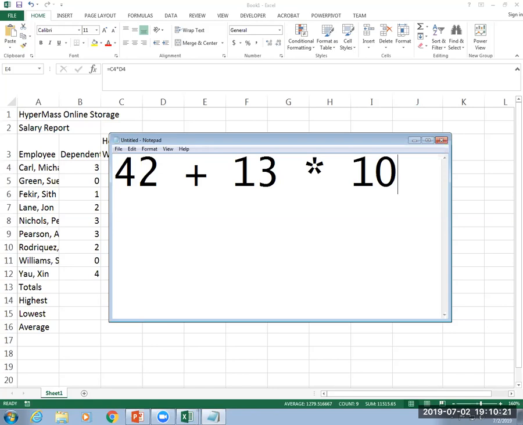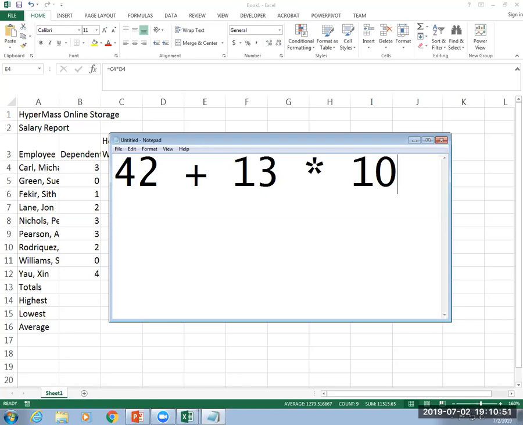Then you do multiplication, and then division, and then addition and subtraction. So because of the order of operations, the first thing I need to do in this equation is the multiplication part. So I would need to do 13 times 10. I get 130. And then I can add in 42 and I get 172.